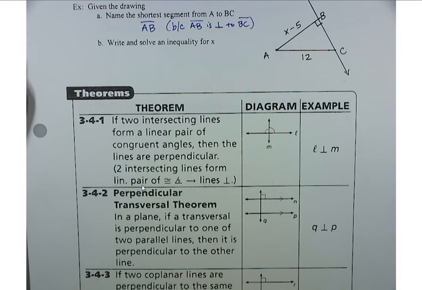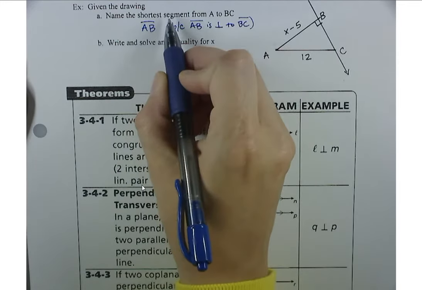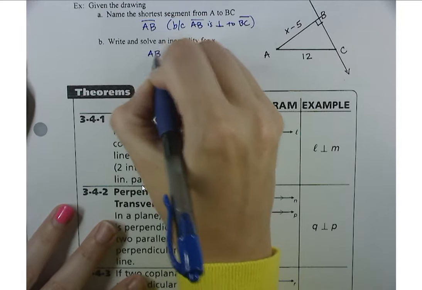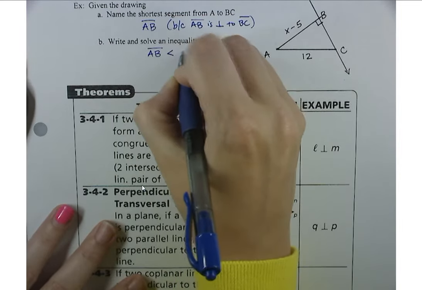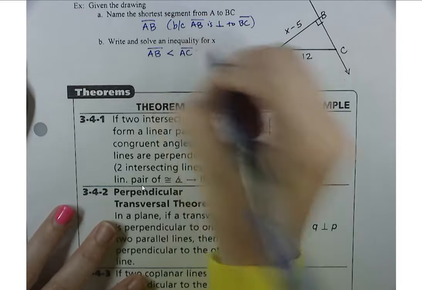Okay, and then part B says to write an inequality and solve for x. Okay, so when you're writing an inequality, that's when you're going to have the less than symbol, the greater than, less than or equal to, greater than or equal to. If we know that AB is the shortest segment, we can say that AB is going to be less than the length of AC.